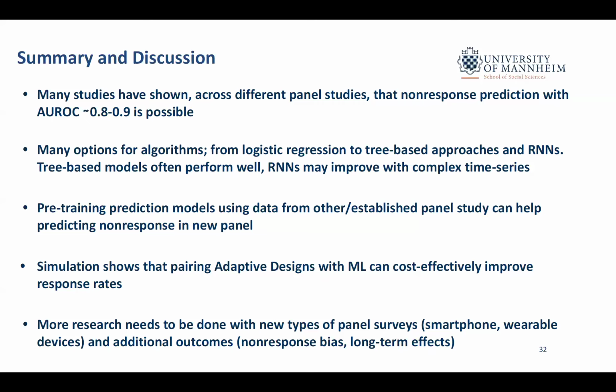And then lastly, this simulation wanted to essentially hint at the idea that pairing adaptive designs with ML can improve response rates in a cost-effective way. And as always, there is more research that needs to be done. We didn't talk about other outcomes. Clearly, non-response bias eventually is of interest. Long-term effects, so much more that can be done here.